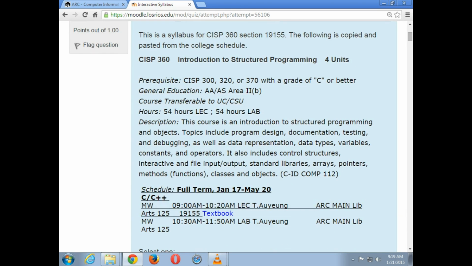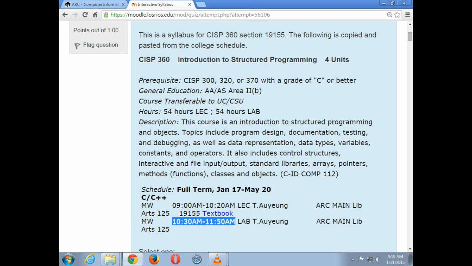So this particular one has a meeting time of 9 to 10:20 a.m. for the lecture portion, and from 10:30 to 11:50 we have the lab portion. The lecture portion will be focusing on mostly concept stuff, and then the lab portion will focus on hands-on stuff. Now, when you sign on to this class, the schedule is already scheduled like this.